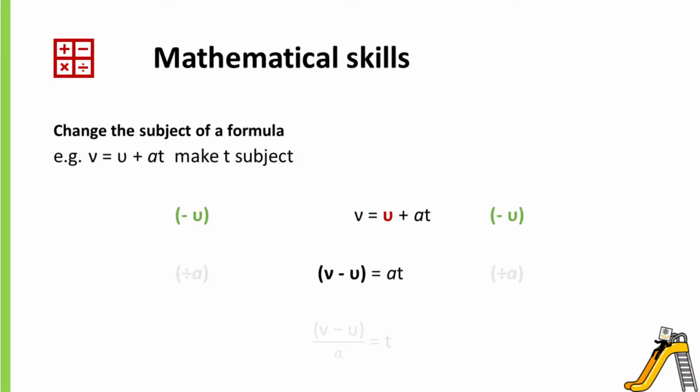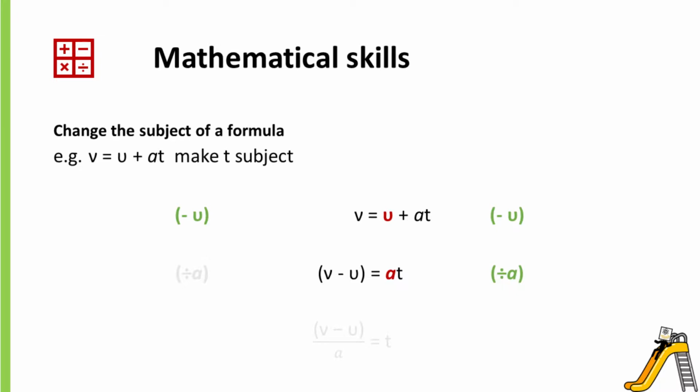Now that we've gotten rid of the u, it is time to get rid of the a so that the t is left on the right hand side on its own. Now we have to look at what a is doing to the t. A is multiplying the t. So in order to get rid of it, we need to do the opposite of multiplying, which is to divide. So we divide the right hand side by a.